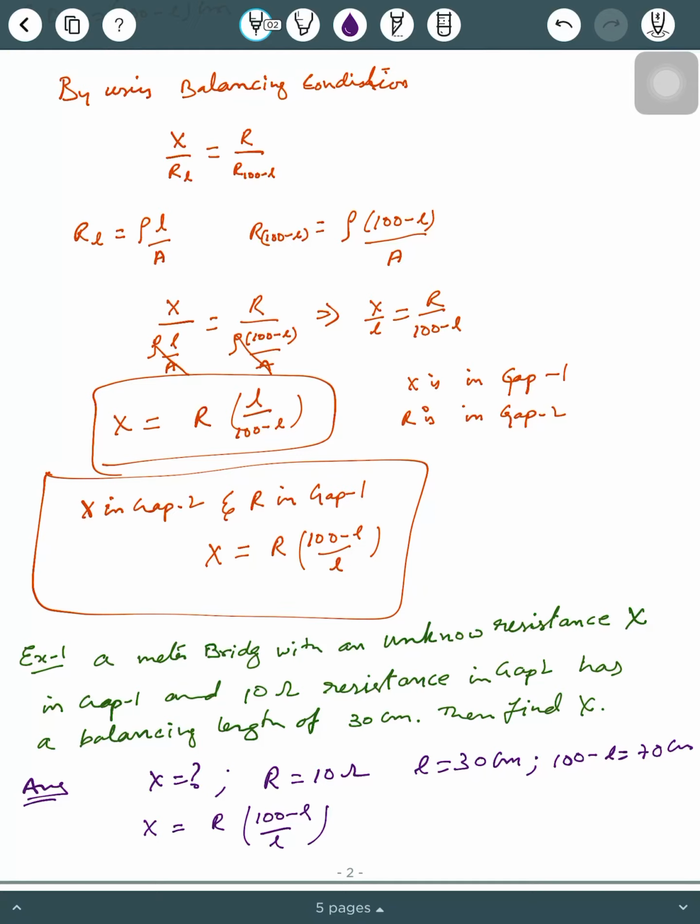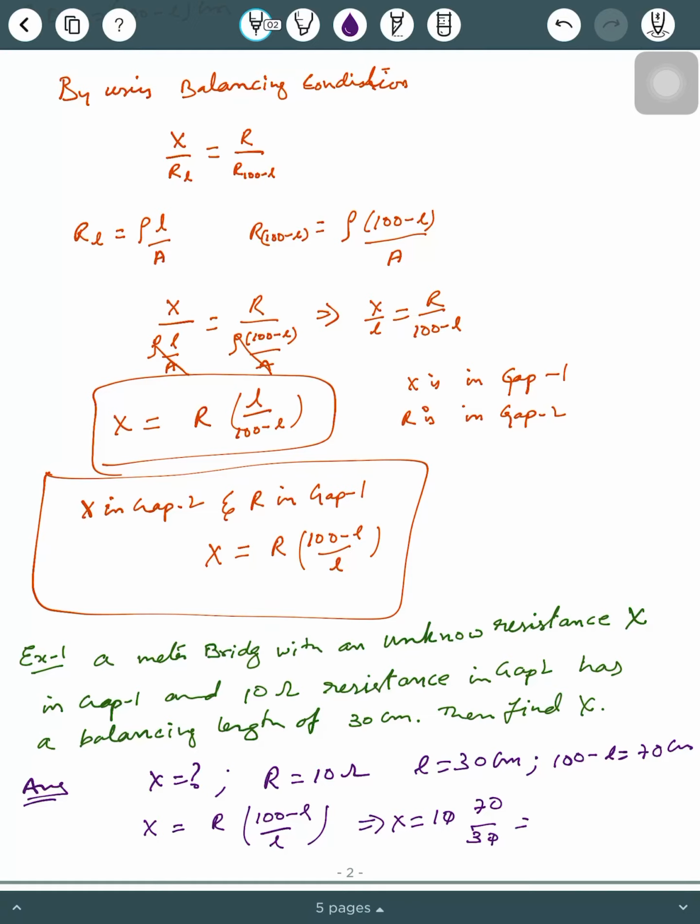Like in an objective question, if we directly write the answer, it may reduce a mark, because every step has its own marking. So whenever you are solving numericals, better write the formula first, then the given data, then substitute. X is equal to R is 10 and 100 minus L is 70 and this is 30. So how much is this? 70 by 3.